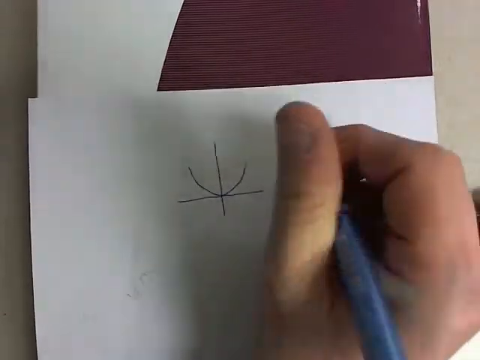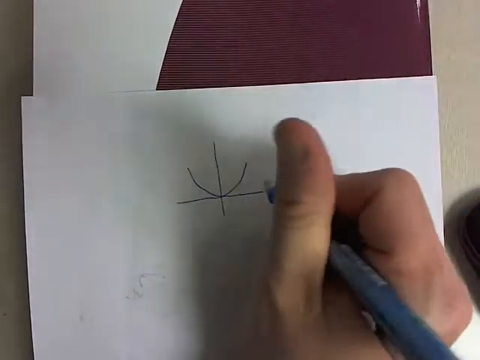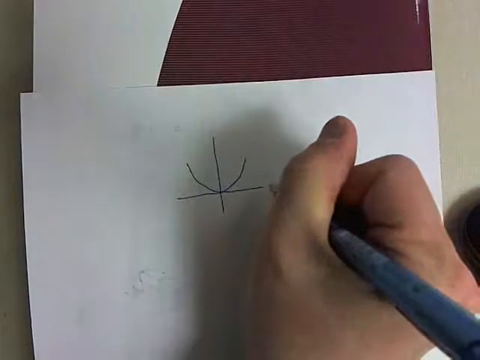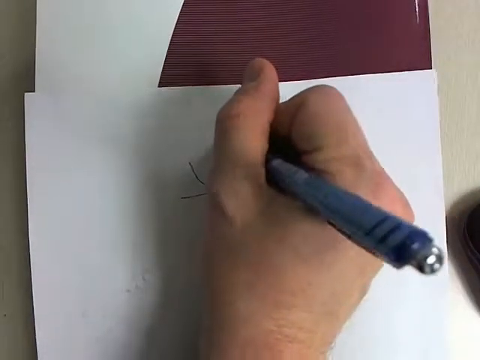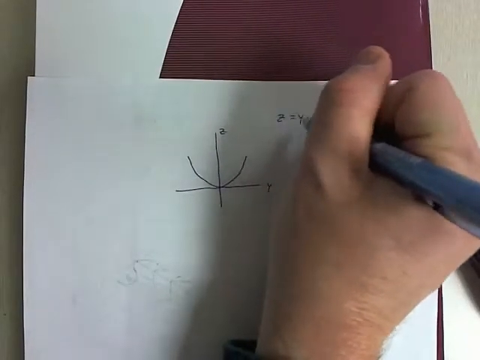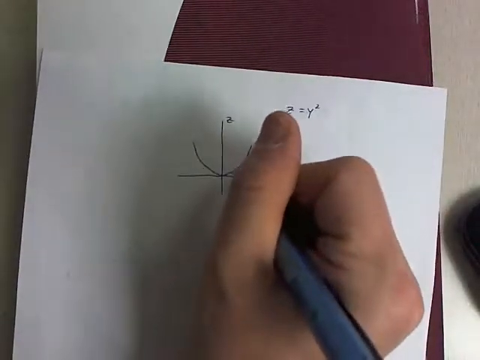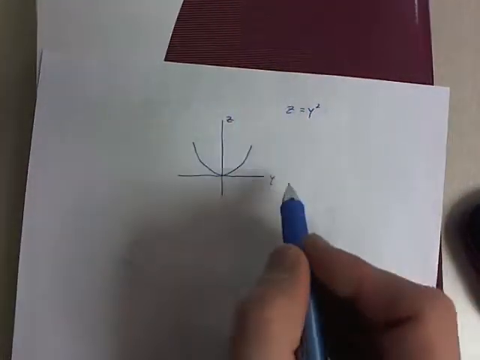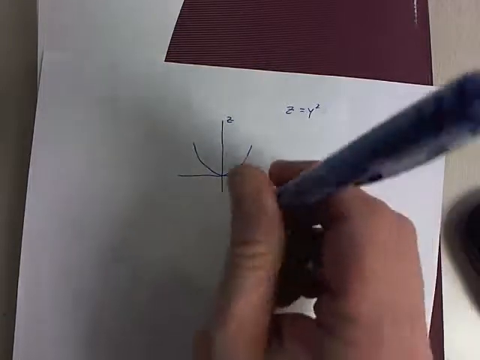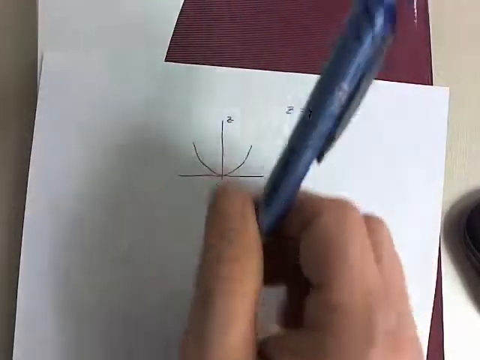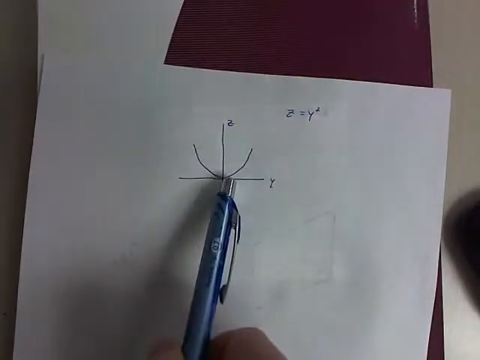But we're not considering x here. We've got y and here's z. So z equals y squared. You put in the y's, square it, and you get the z's. It's just like if we had the x and the y, but in this case, the x comes out of the paper. So the x is perpendicular here.